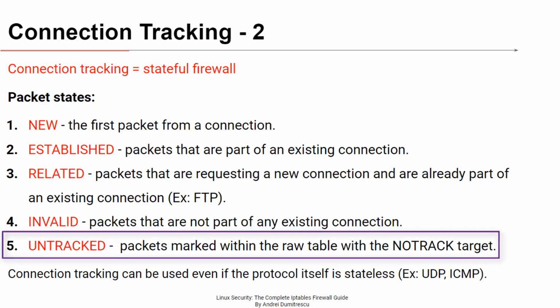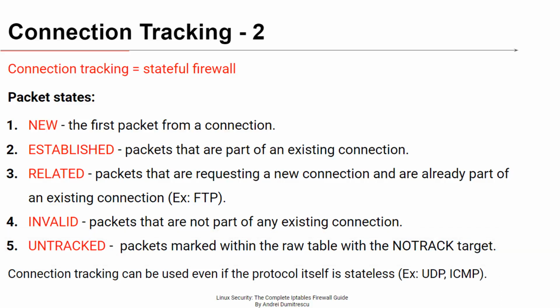Briefly, if a packet is marked within the raw table with the NOTRACK target, then that packet will show up as untracked in the state machine. Note that you can use the stateful functionality of iptables connection tracking with any network protocol even though the protocol itself is stateless, such as UDP or ICMP.